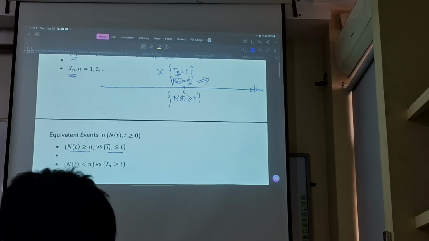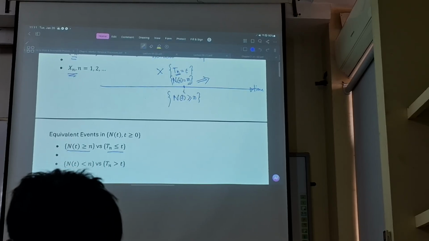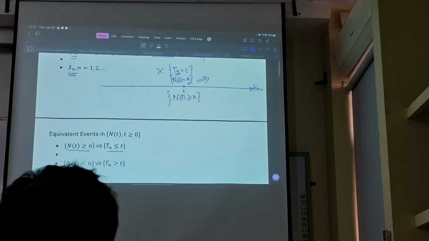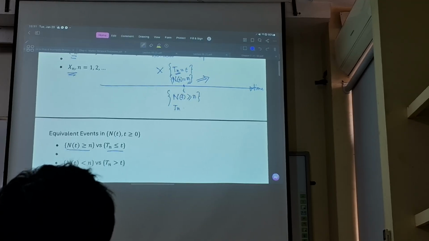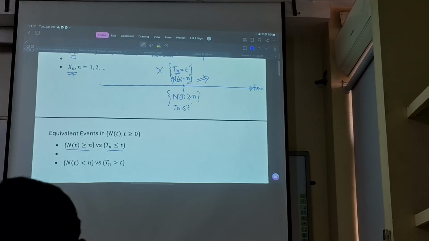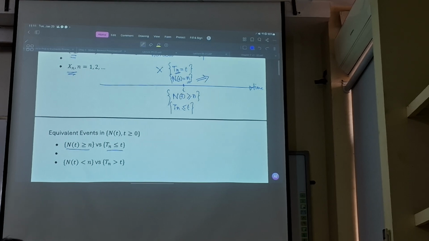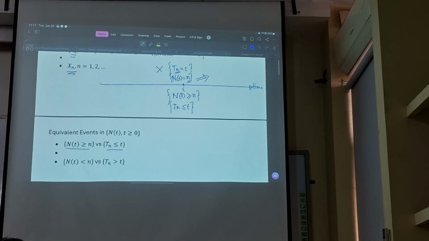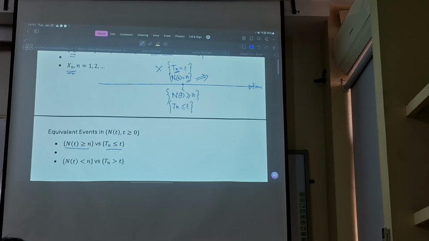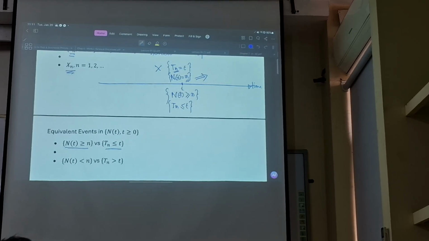This is theoretically correct. And another one is the nth renewal epoch, Tn, is less than or equal to t.